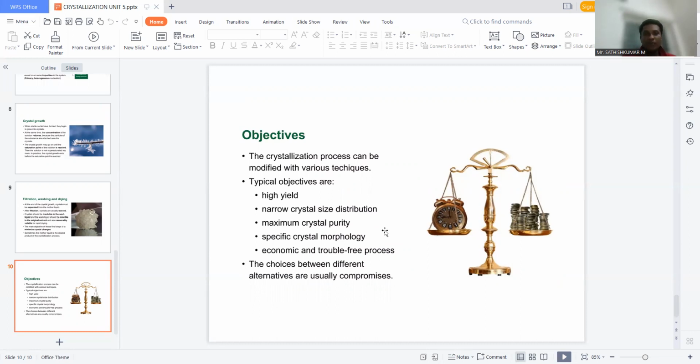A perfect example for crystallization is salt formation and sugar crystal formation. When we heat the sugar solution, the water evaporates and the concentration of the sugar solution increases. That point is called the saturation point.